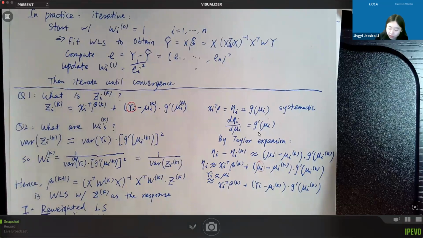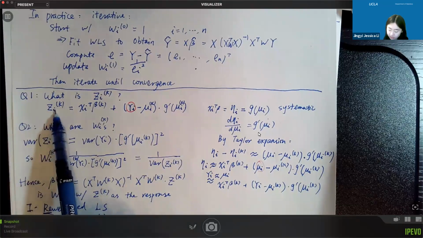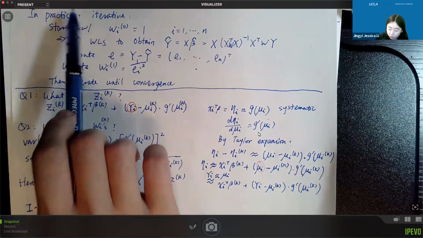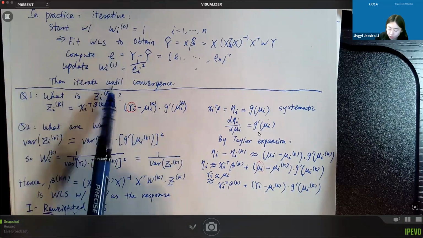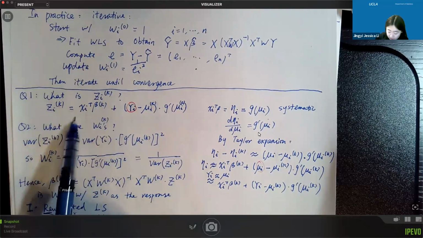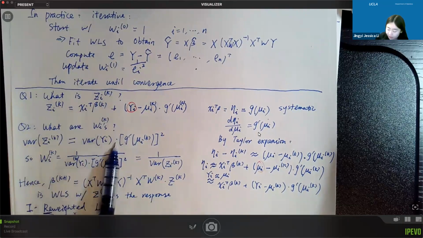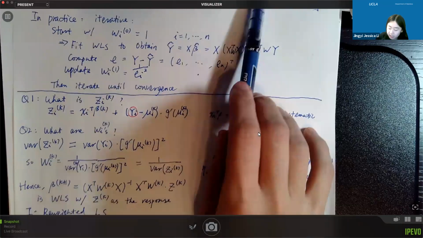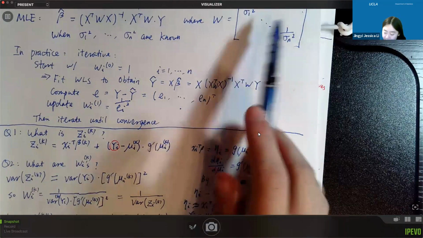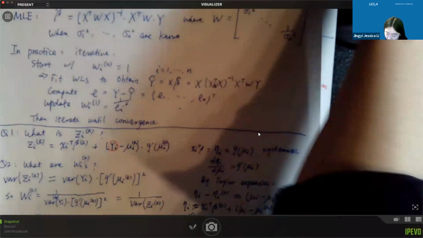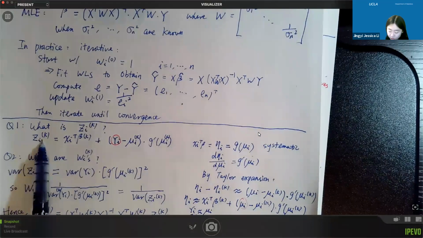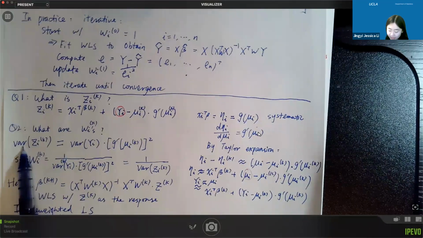So if this is our new response in the kth iteration, the next question is, does the weighted least square actually match what we have as weights here? Yes. By our definition of weighted least square, the weight needs to be the inverse of the variance of yi. And here our response is zik. So we just check what's the variance of zik.